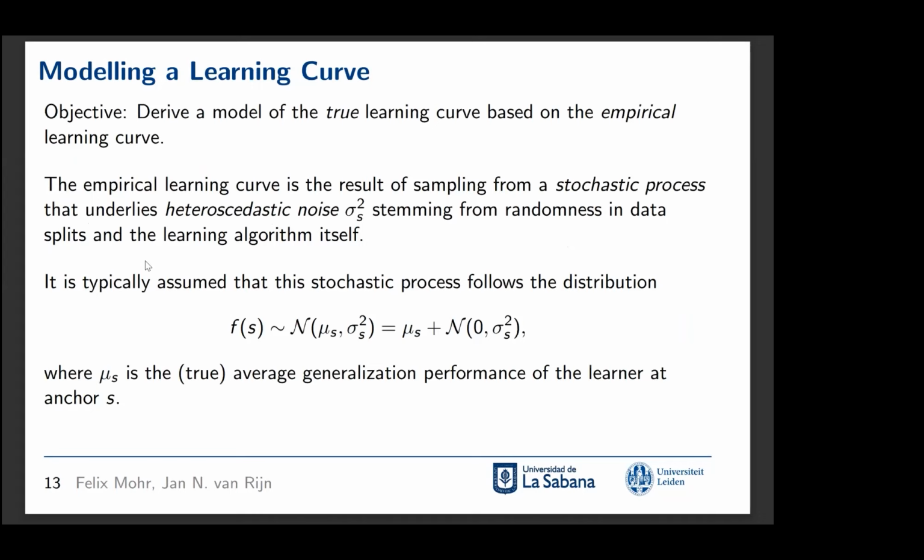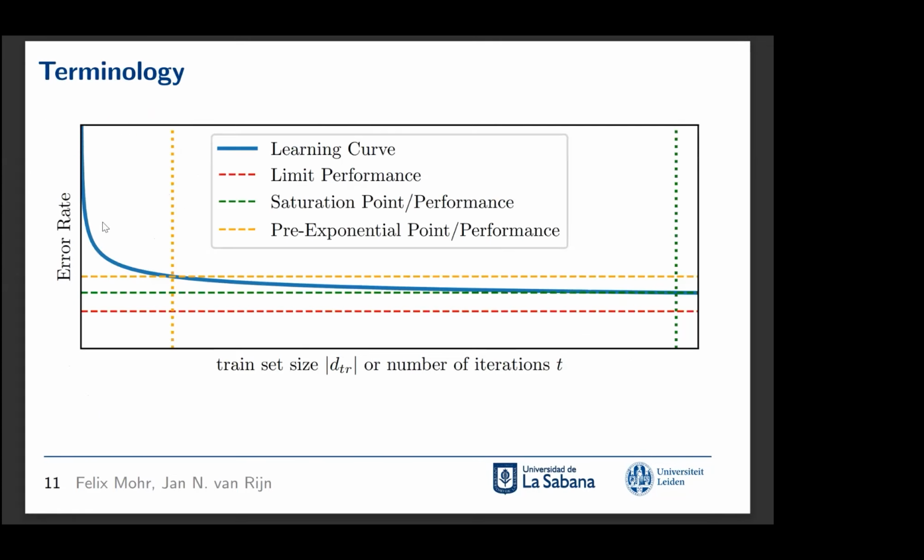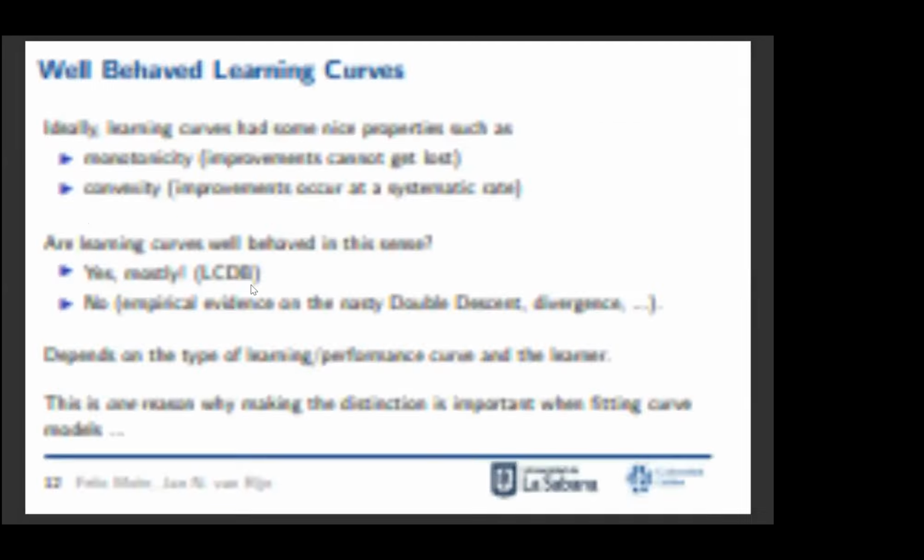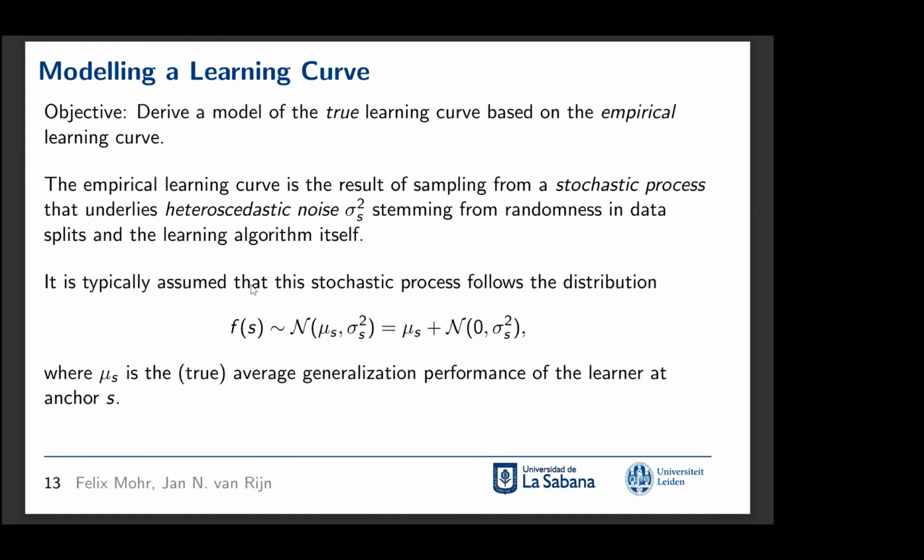So talking about modeling learning curves, how can we do this? What's the objective of modeling a learning curve? Basically, going two slides back, it is to get to this curve just from some observations, right? So we want to understand how the learning process is working, to get to a model for the true learning curve from some empirical observations.